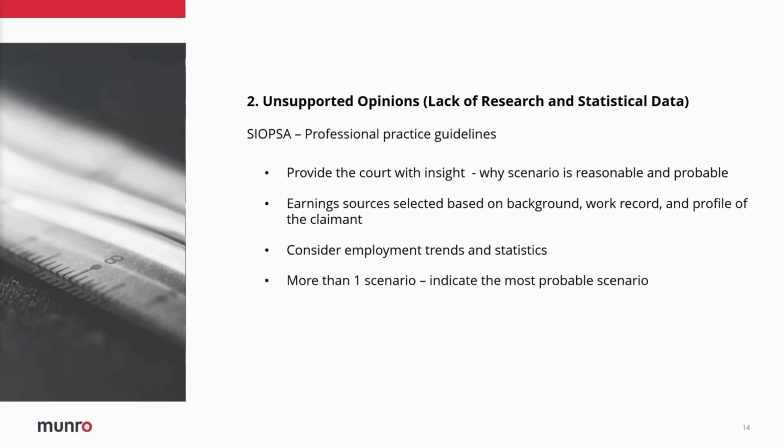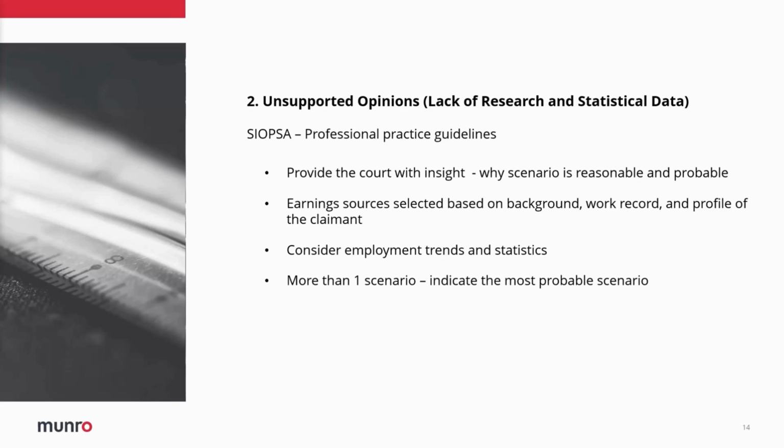The earning sources selected should be based on background work, the work record, and then the profile of the claimant. One should consider employment trends and statistics. We very rarely see any real insight around employment statistics in South Africa, other than saying unemployment is quite high, but that only features in the injured scenarios, never in the uninjured.